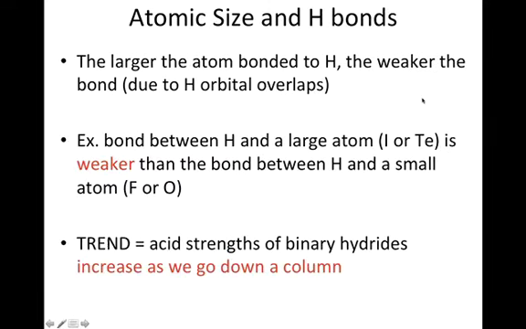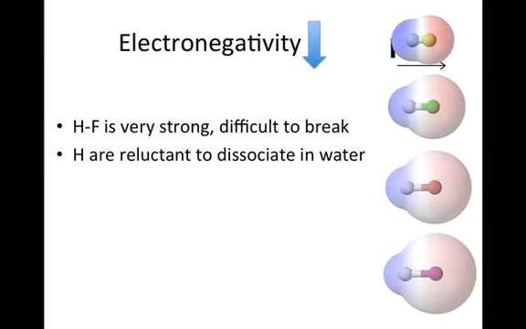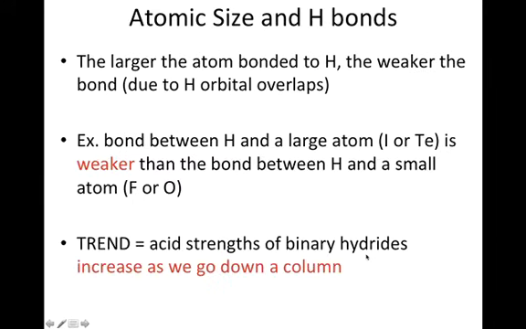Now, we just looked at this picture on the top right of this slide. Notice for just a second the difference in the size of these molecules. Clearly, the size of the atom is getting bigger from top to bottom. Here's our hydrogen, hydrogen, hydrogen, hydrogen, fluorine, chlorine, bromine, iodine. So the size of the atom is increasing.